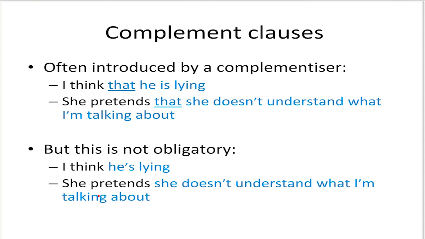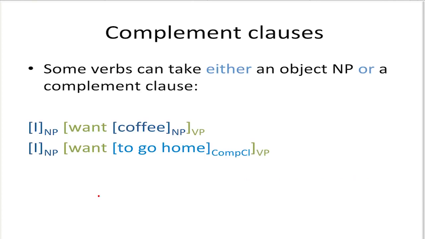There are some verbs, like think or pretend, that always have to have a complement clause following them. But there are also some verbs that can take either an object noun phrase or a complement clause, but have to have one or the other. So we could say, "I want coffee," in which case coffee is a noun phrase, so it's an object. Or we could say, "I want to go home."